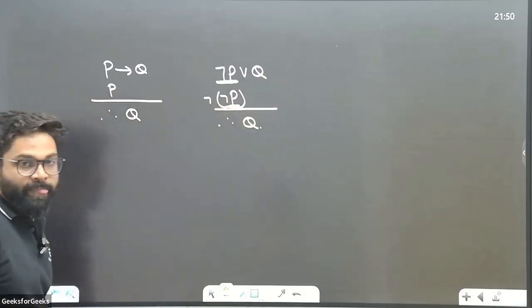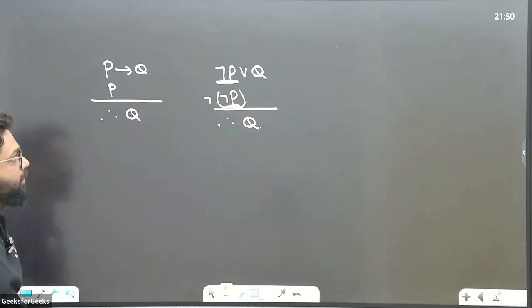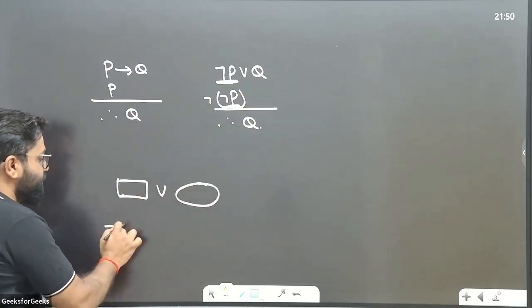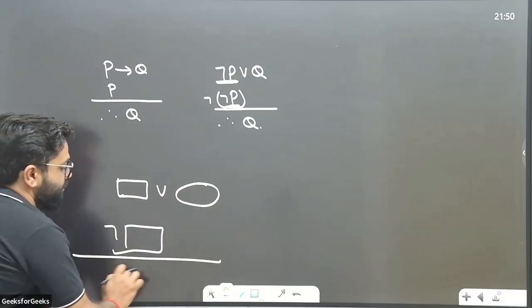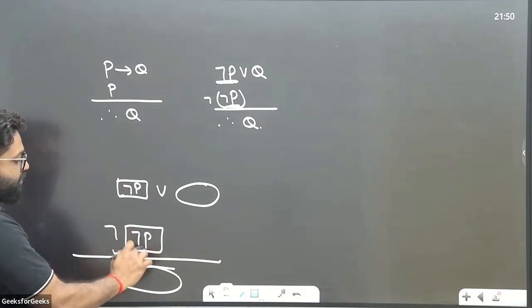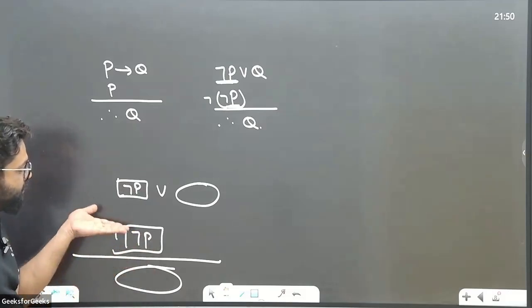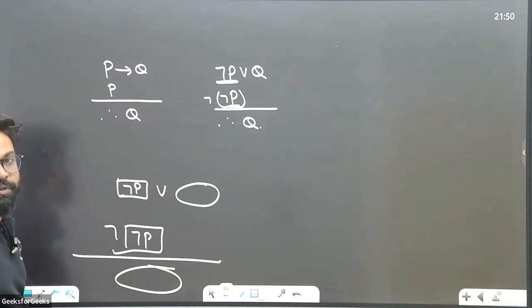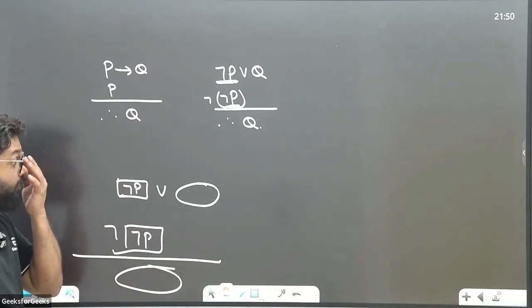Yes. Understood now? Because what is our method? This is your box and this is the oval. This must be the negation of that, and then you will get the oval. For example, if I write negation of P here, then again it becomes negation of negation of P, you will get P, and then you will get this. Understood? Not understood? Yes, sir. Understood.